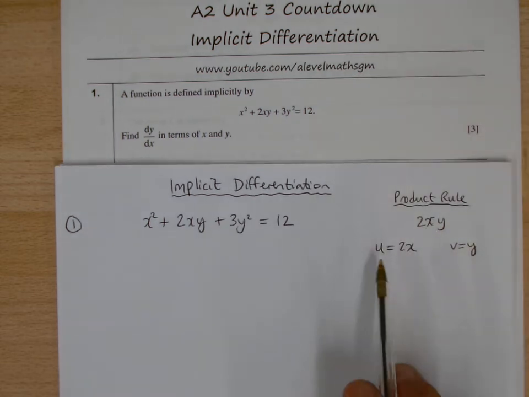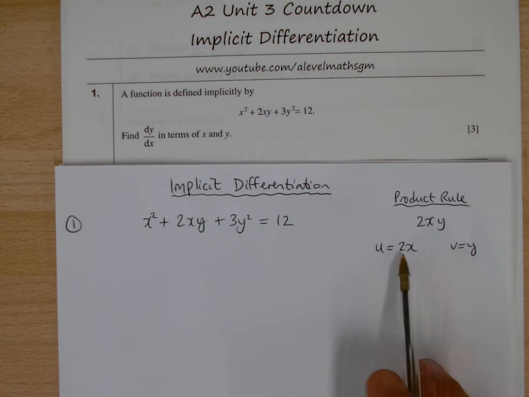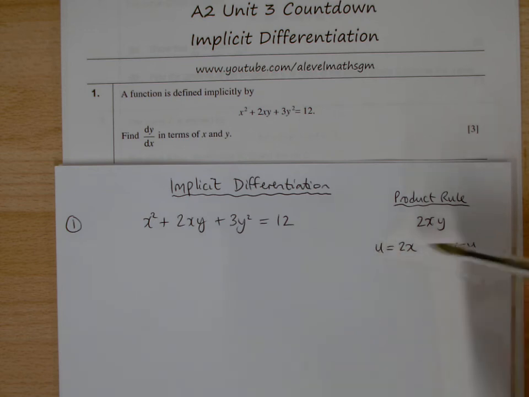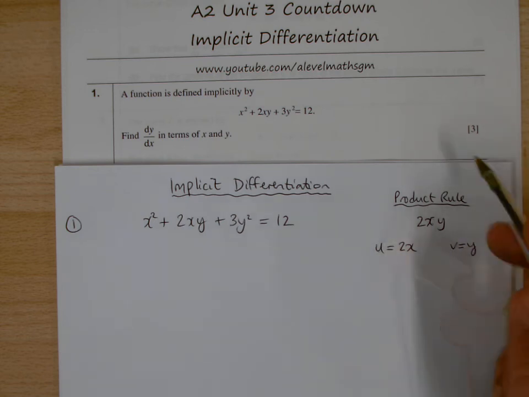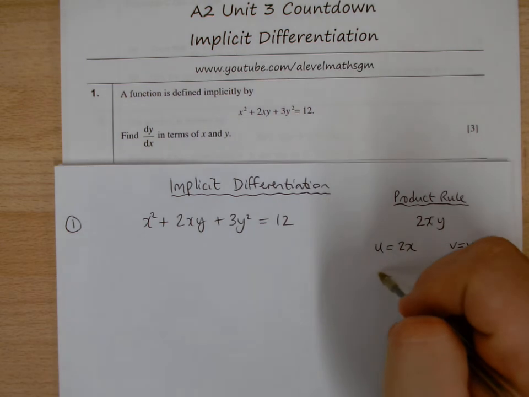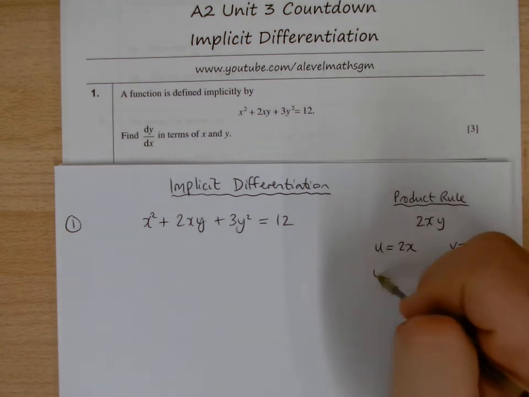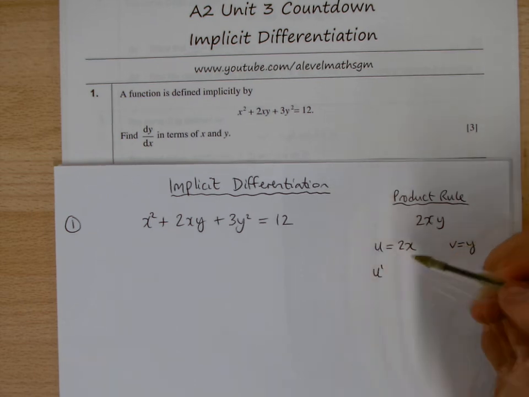So you've got your u and v. Of course, these two things are times together. So when we differentiate, we're going to differentiate the u and we're going to differentiate the v. If I differentiate the u, I'll get du dx, but you remember from working class, you don't have to write du dx, you can just write u dash.